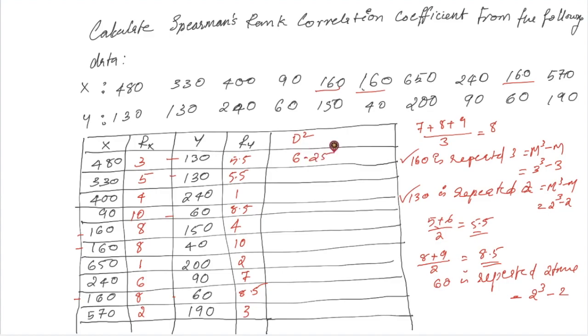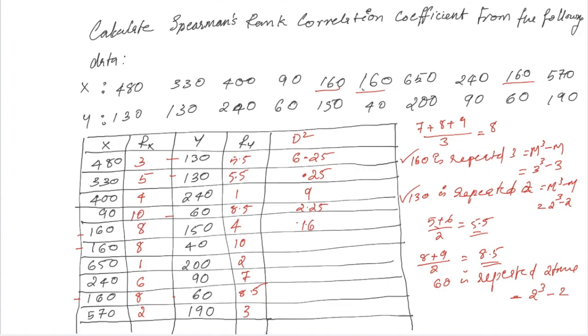Here it is 0.5 and d square will be 0.25. And in this case 4 minus 1 it is 3 and 3 squared is 9. Then 2.25. And 8 minus 4 it is 4 and obviously it is 16.